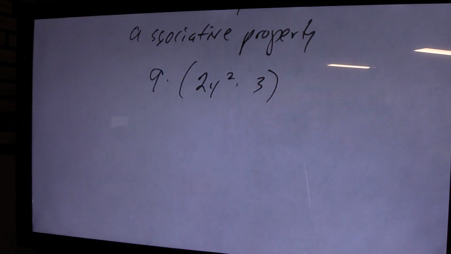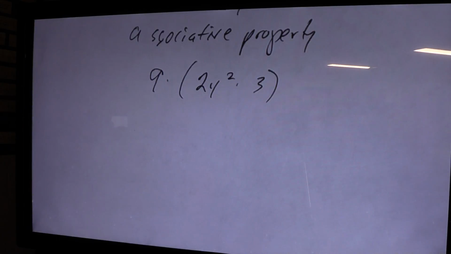If we were working with an expression that had different operations, not just multiplication, we could not do this. We would have to solve what's in parentheses first and follow our order of operations. But because all of the operations in this expression are multiplication, we can group them any way we want.